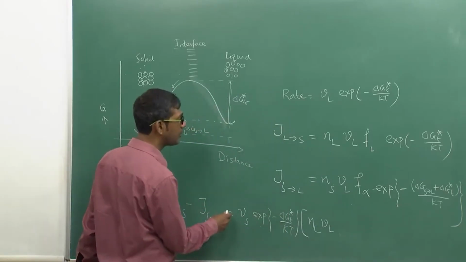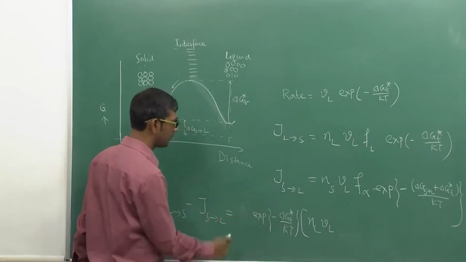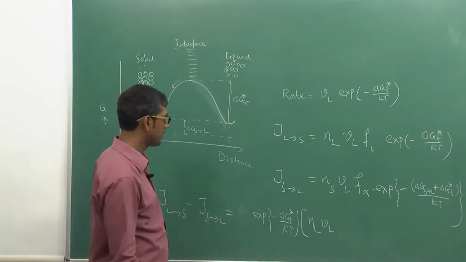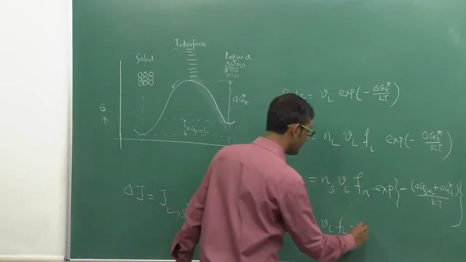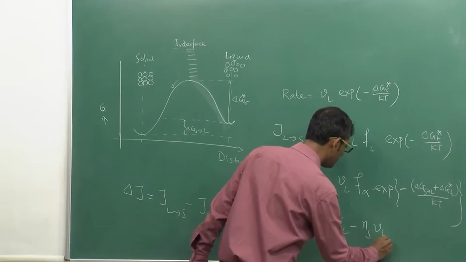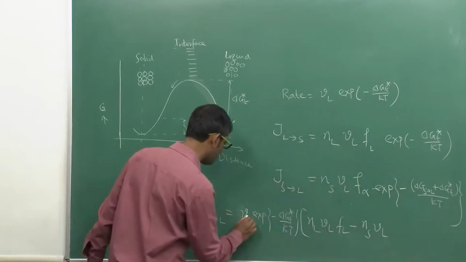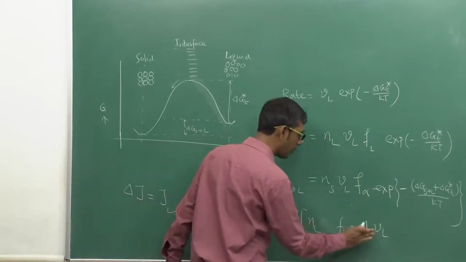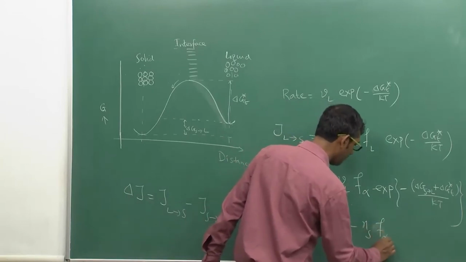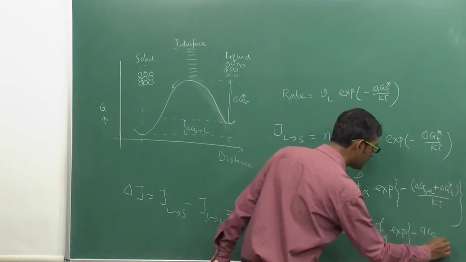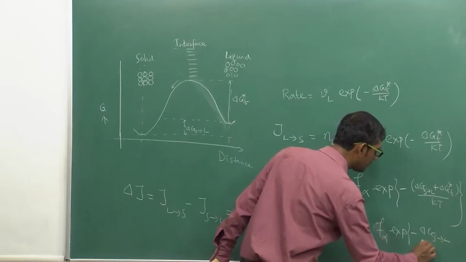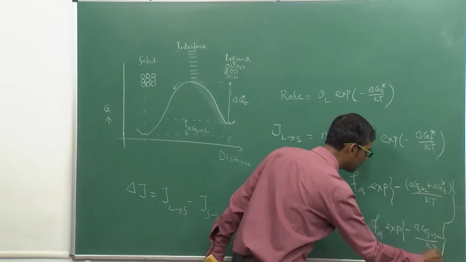This cannot be taken out, right? Yeah. So the only factor I can take out is this. Oh sorry, nu L can be taken out. Yes, nu L can be taken out, it's common, and then the remaining term will be exponential minus delta G solid to liquid by KT.